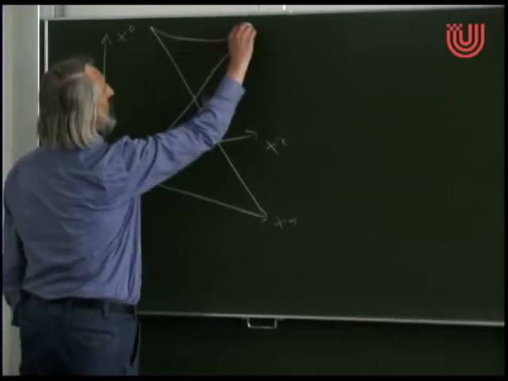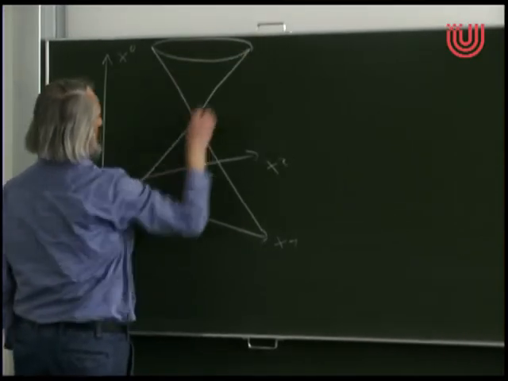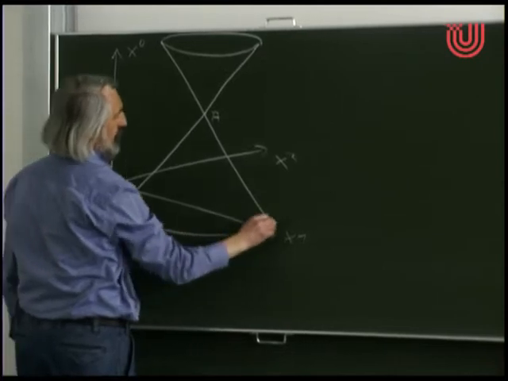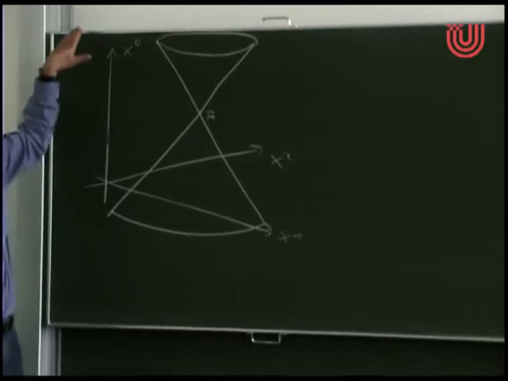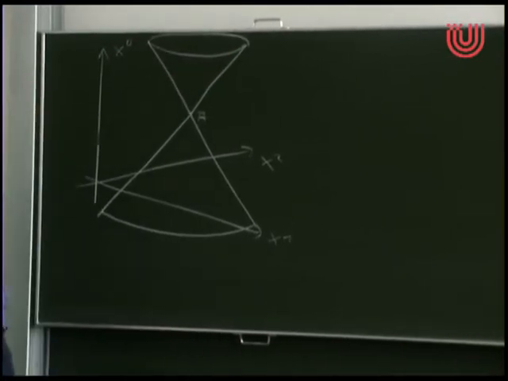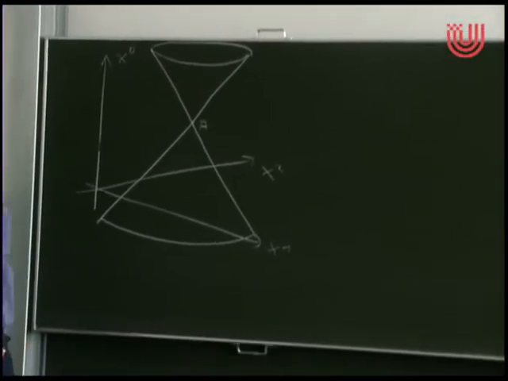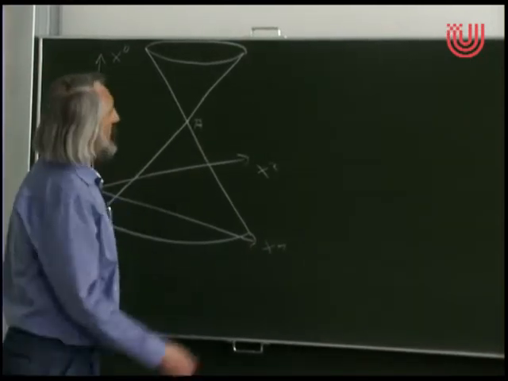And I think it's geometrically fairly obvious that this gives a cone. Well, actually it's a hypercone, because what looks like a circle, this cross-section, is actually a sphere because of the missing dimension. And that's what we call the light cone of A.